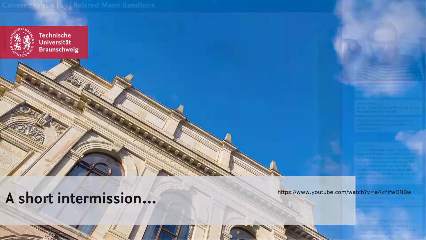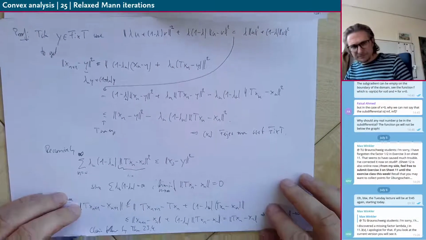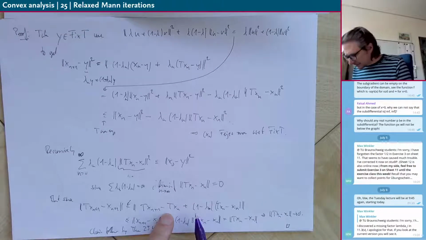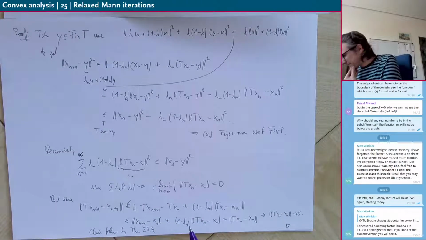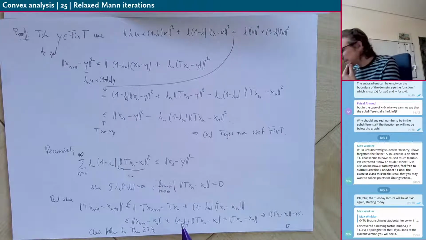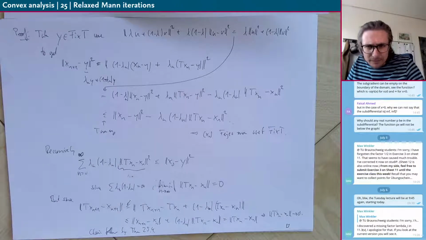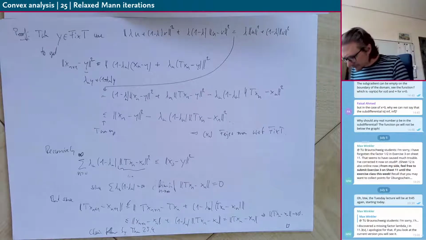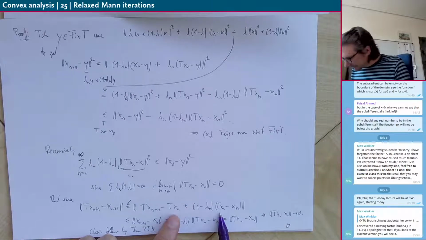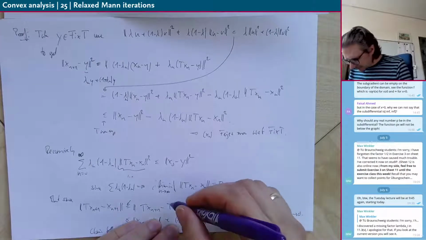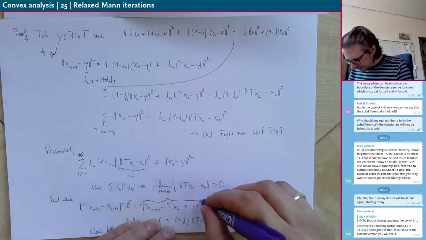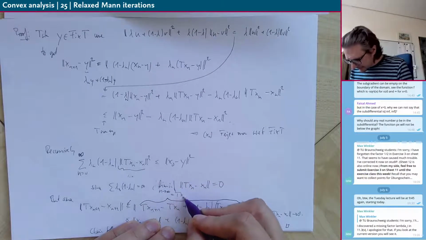Okay. Yeah, so at least this point here is actually clear, I guess. So this guy here, all this inside here, is equal to txn plus 1.